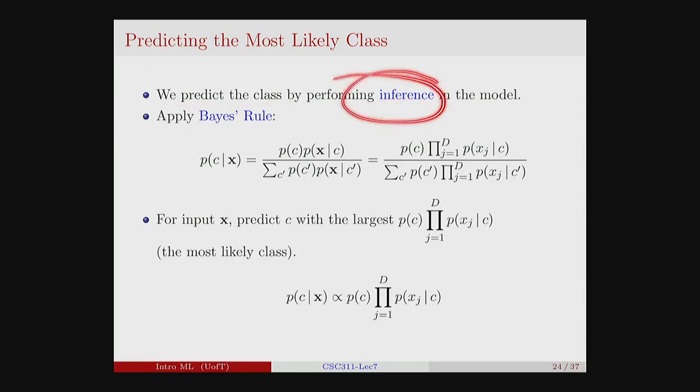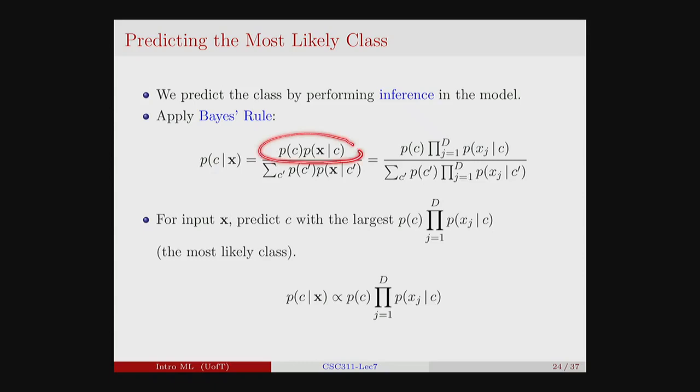And you'll see this term inference crop up both now and in the future. Generally, it refers to the fact that you are estimating or inferring what the class label is given some set of data points. So here you are inferring what C given X is using Bayes' rule.